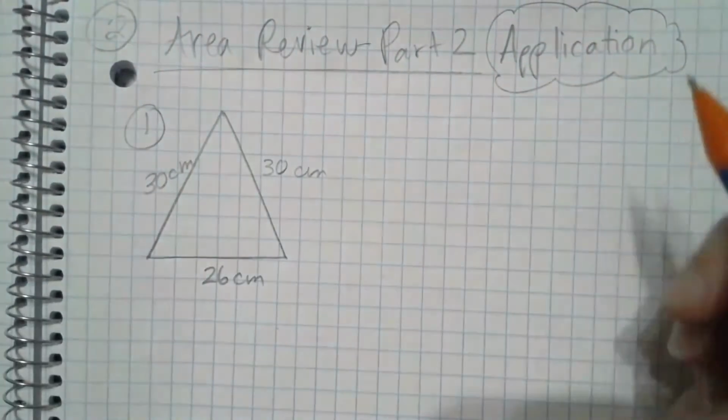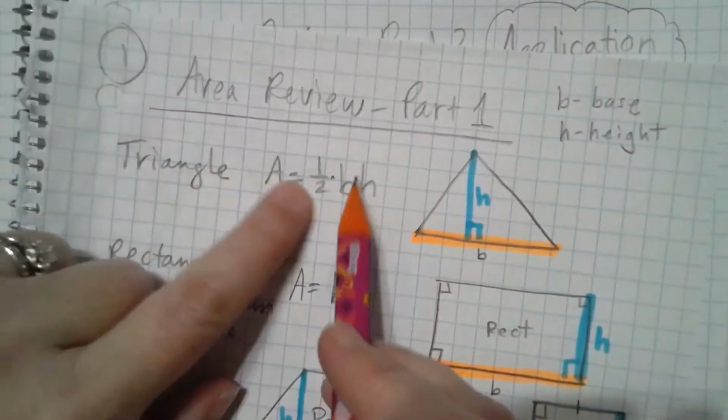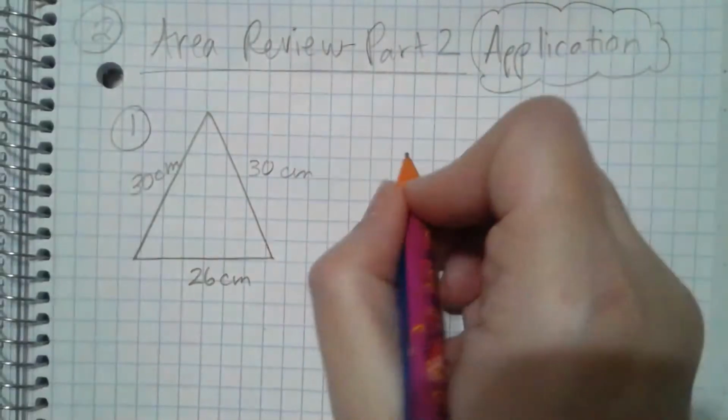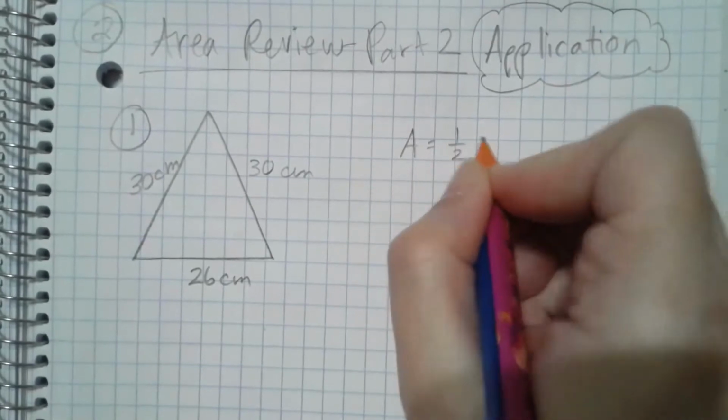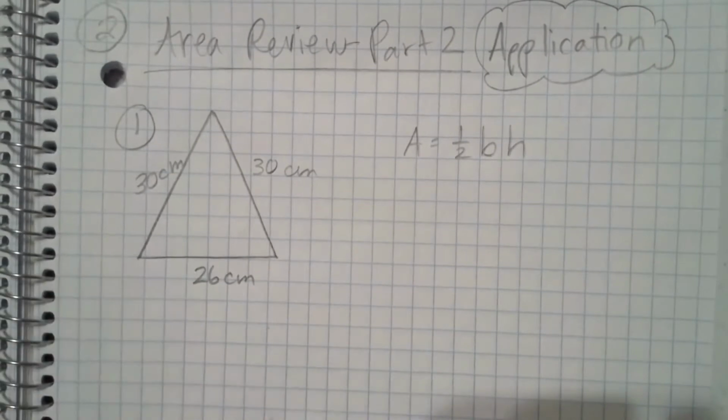So step 1 is to obviously recognize that it's a triangle. So we're going to use our formula for area of a triangle that we used last time. A equals 1/2 BH. So when I look at my triangle now, I do not see a right angle anywhere.